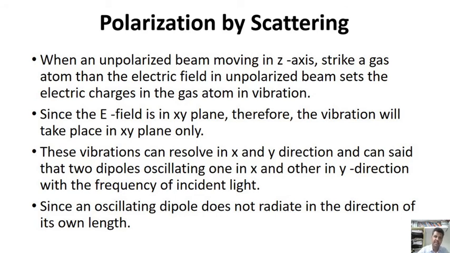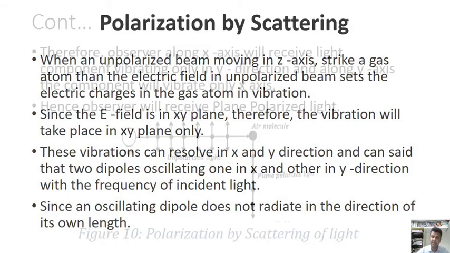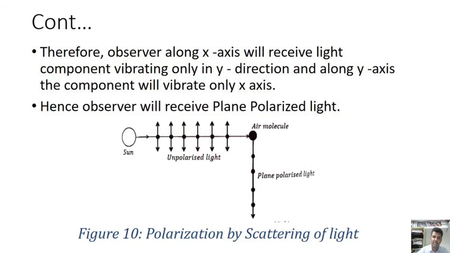Since an oscillating dipole does not radiate in the direction of its own length, an observer along the x-axis will receive light vibrating only in the y direction. Hence, the observer will receive plane polarized light.